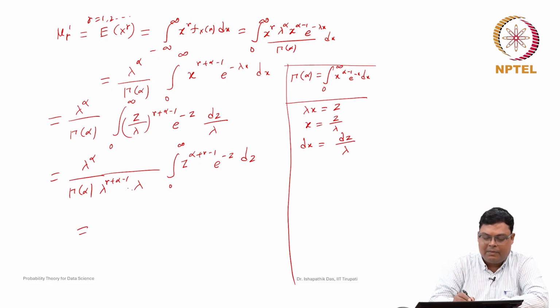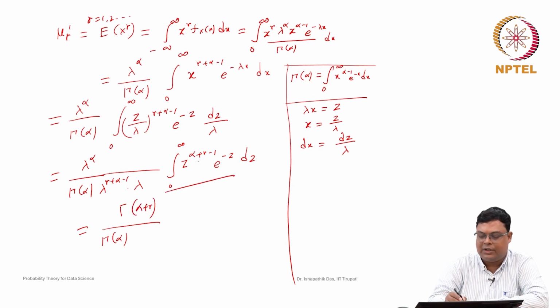Then if you simplify, this is a 1 by gamma alpha, and this part will be gamma alpha plus r, because it is of the gamma alpha plus r minus 1 form. Here lambda will be lambda to the power of minus alpha plus r plus alpha minus 1 plus 1, so then this cancels, leaving lambda to the power r.